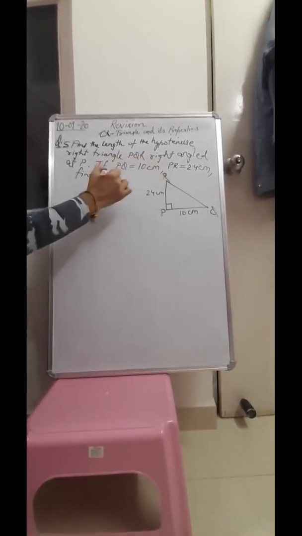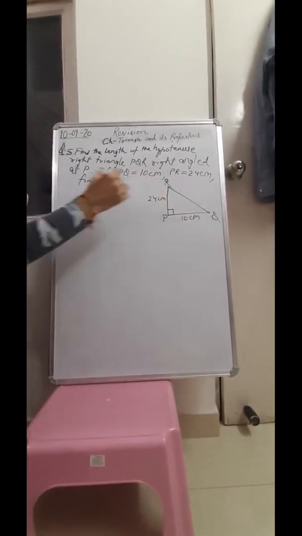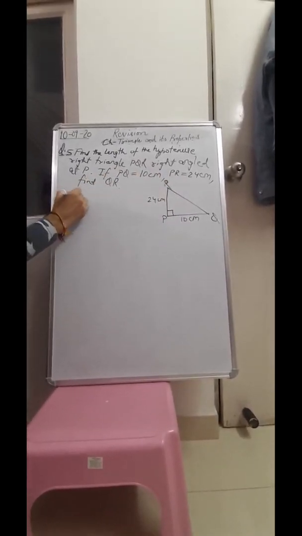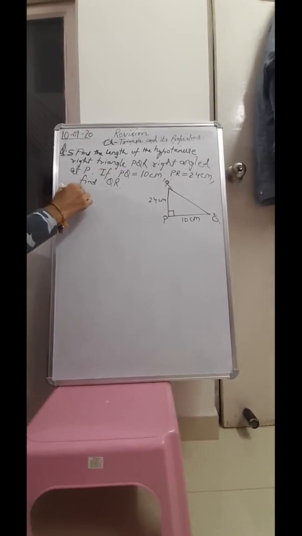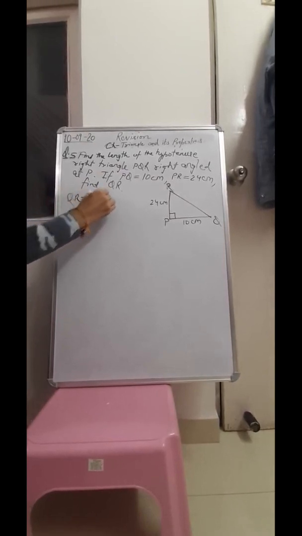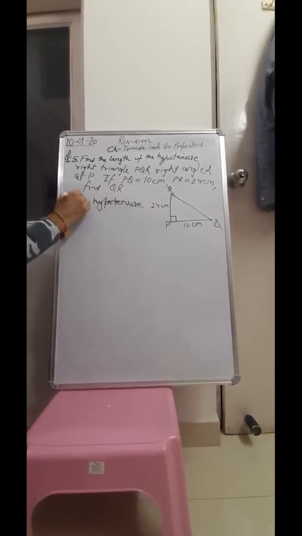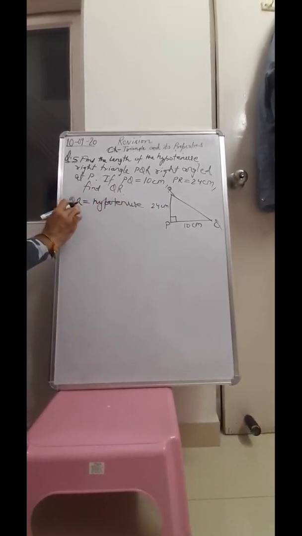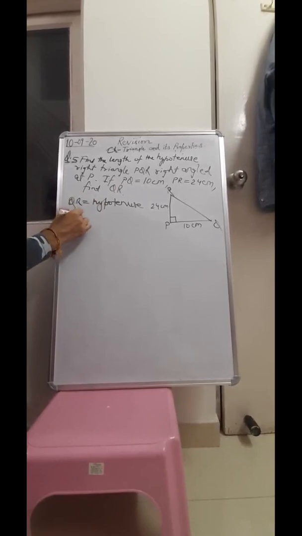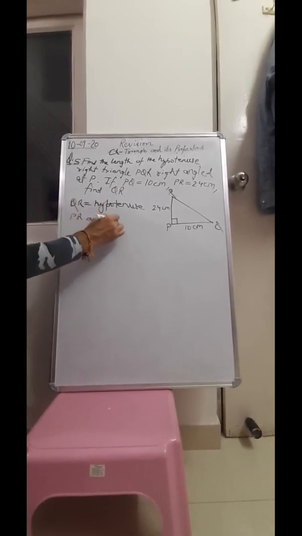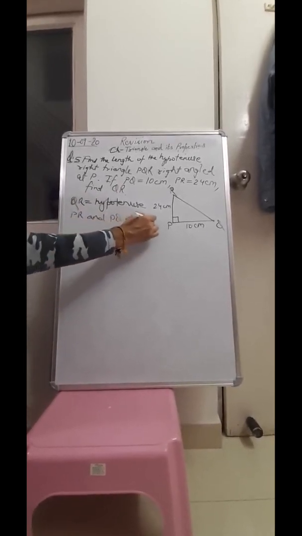We have to find QR. So here QR is the hypotenuse, and PR and PQ are the perpendicular sides.